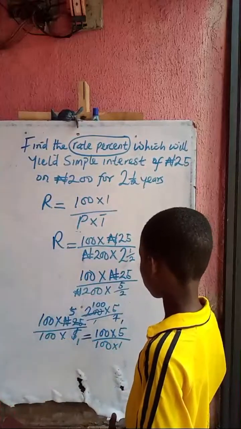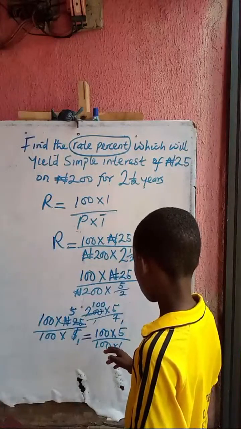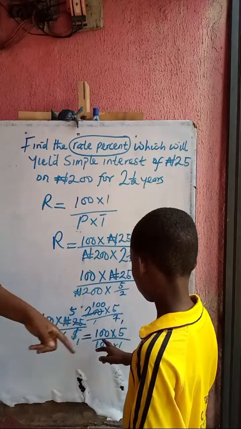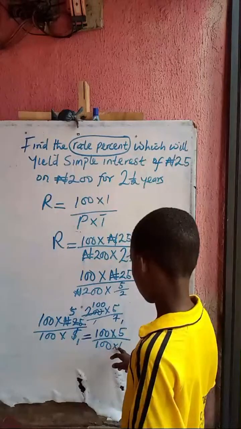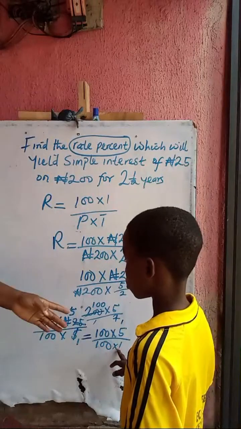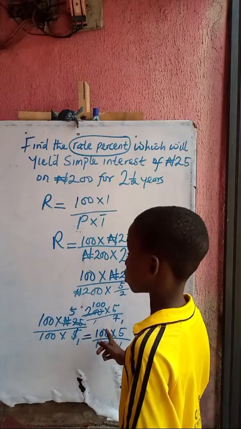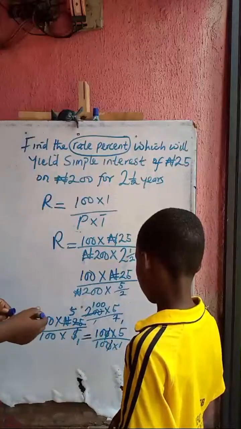Are there numbers we can still divide? Look at the board well. 100 and 100, zero kills zero.